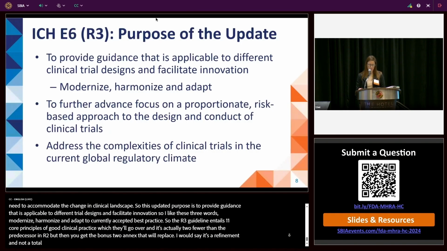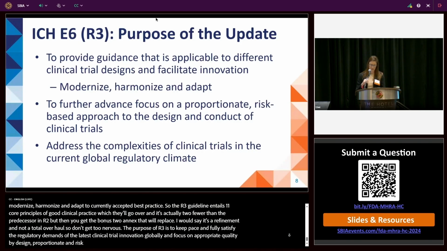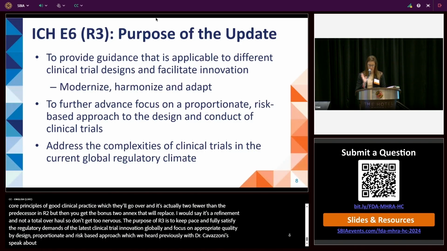The purpose of R3 is really to keep pace and fully satisfy the regulatory demands of the latest clinical trial innovations globally, focus on appropriate quality by design, a proportionate and risk-based approach, which we heard previously with Dr. Cavazzoni speak about, and also to approach the design and conduct of the clinical trial.